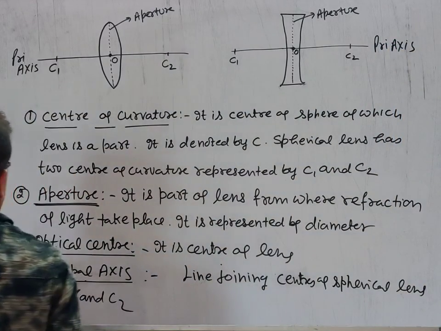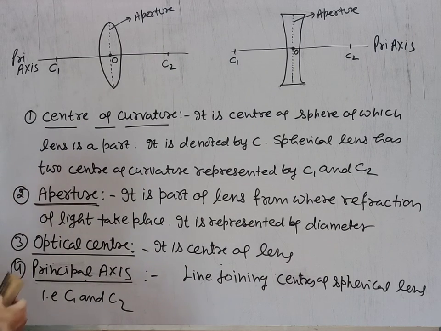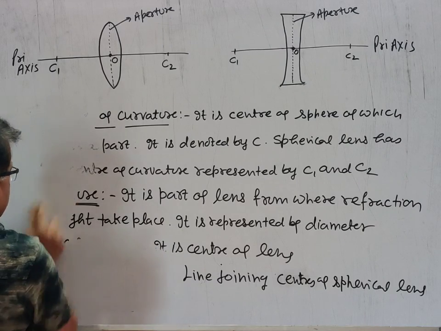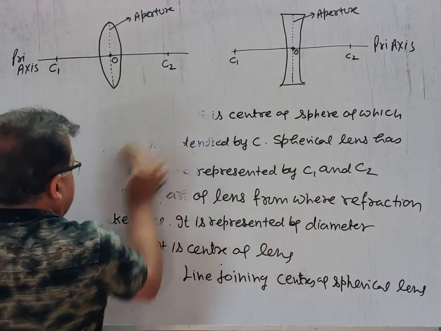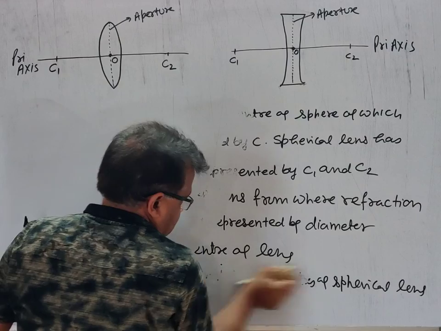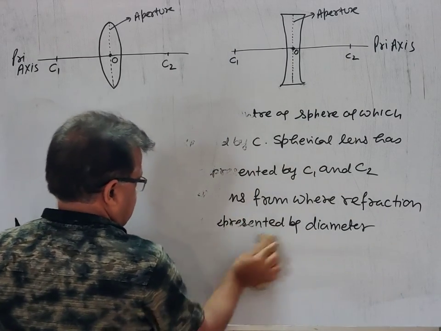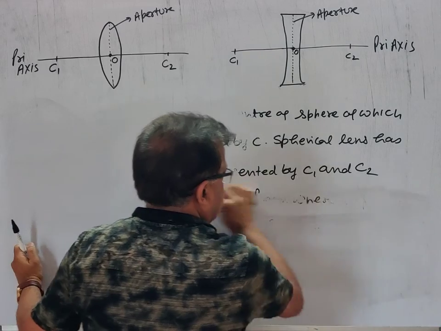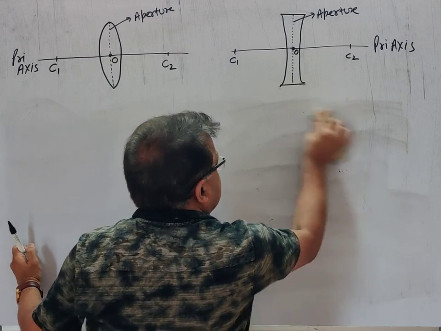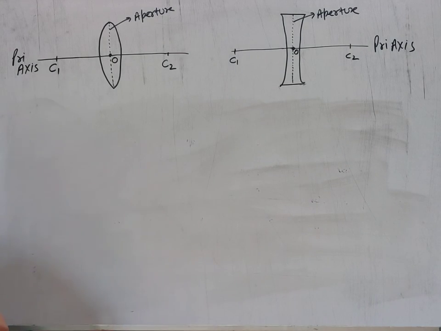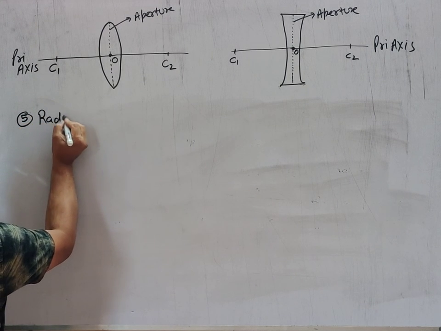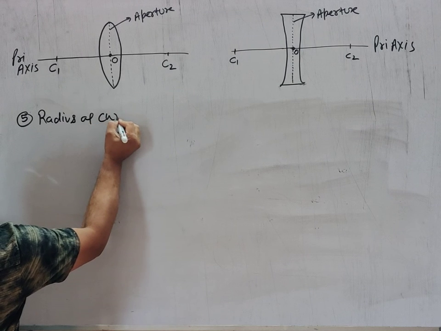Then remaining terms are radius of curvature. The fifth term is radius of curvature.